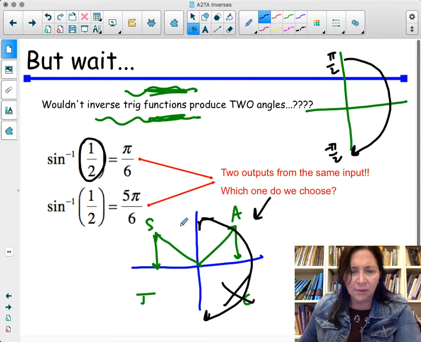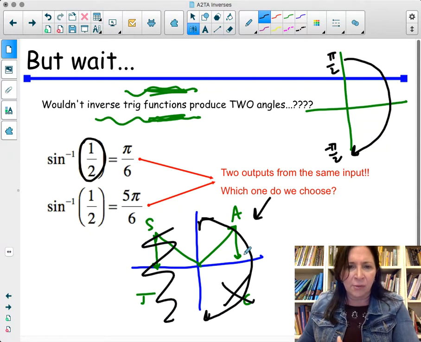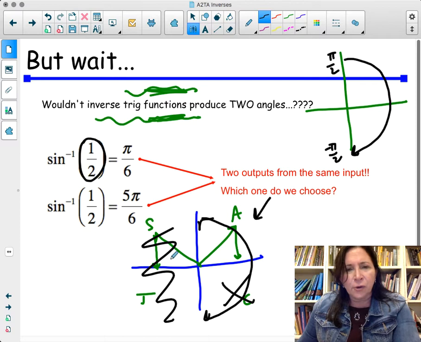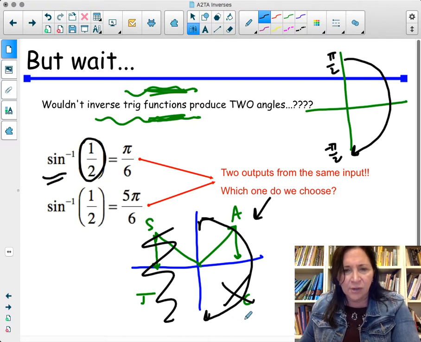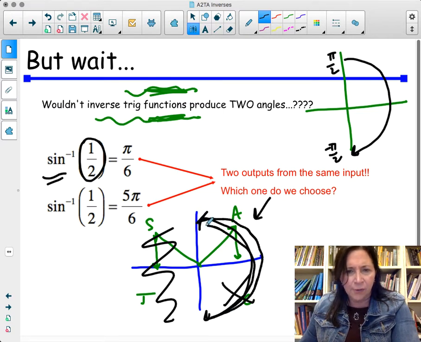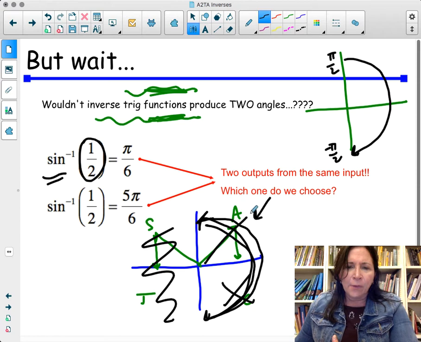Not this, definitely not these, because they're not in my restricted domain. So for arc sine to be a function, it has to be in this restricted domain, and for sine, it's first and fourth quadrant. So now you're thinking, it has to be in the first quadrant because it's positive. So yes, it'd be in the first quadrant.